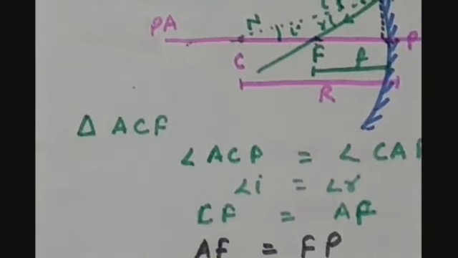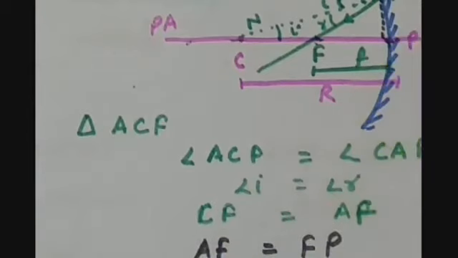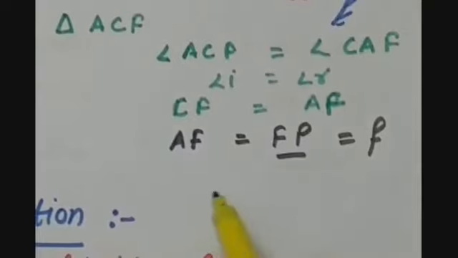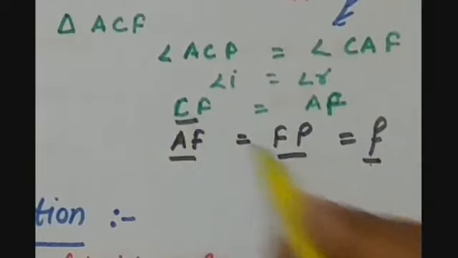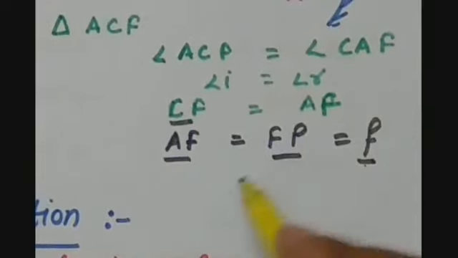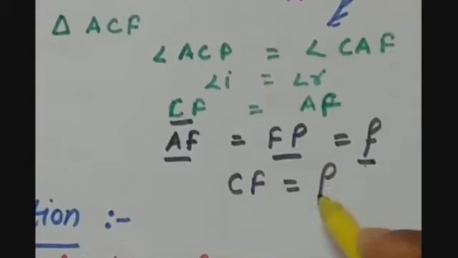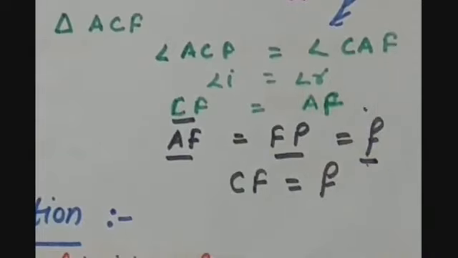Now we can also write F in place of FP. So now we got to know that AF is equal to F, but AF was equal to CF in the previous equation. So we can write CF is equal to F by putting the value of AF in this equation.